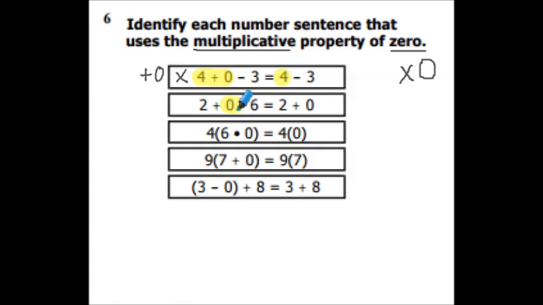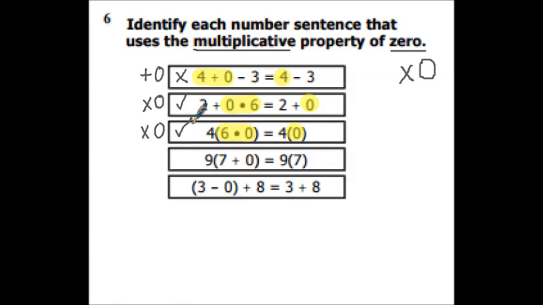2 plus 0 times 6, well, we see the 0 times 6 became that 0 on the other side. So here we're multiplying by 0. This is the multiplicative property of 0. When you're multiplying something by 0, your answer is 0. Here we see 6 times 0 equals 0. So we're multiplying by 0 again to get 0.